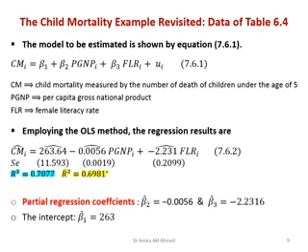The multiple coefficient of determination value of about 0.71 tells us that around 71% of the variation in child mortality is explained by the per capita gross national product and the female literacy rate.